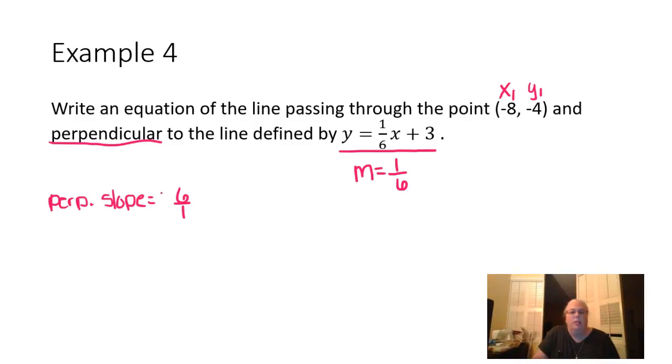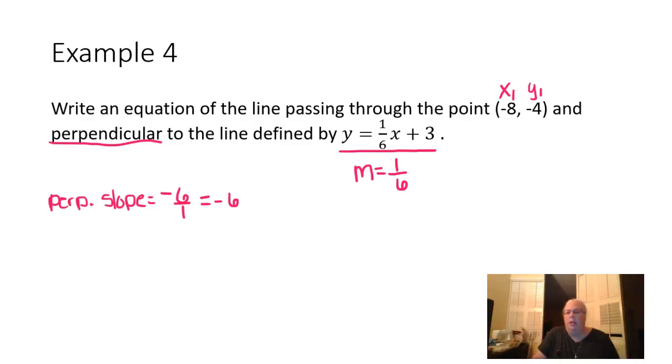Since this one's positive, my perpendicular slope should be negative. Now your book is saying that to check your slopes and make sure you've got the right perpendicular slope, you would multiply these two together to see if you get -1. So let's see, -6/1 times positive 1/6, that's going to give me -6/6, which is -1. All right, so our perpendicular slope we're going to use is going to be -6.